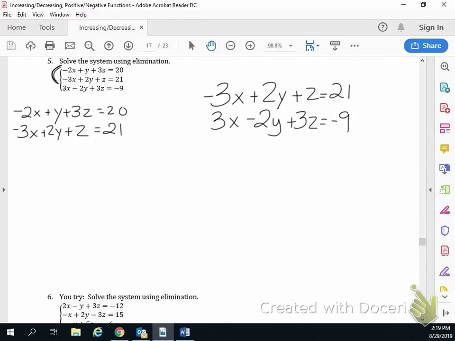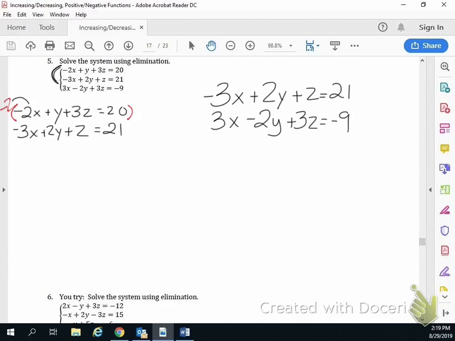So let's do that here first. If this is 2y, I need the one on top to be negative 2y. So I'm going to multiply that whole equation by negative 2. So that's going to give me, and I'm just gonna rewrite after I distribute, I'm gonna rewrite that equation underneath the second one, this one right here.